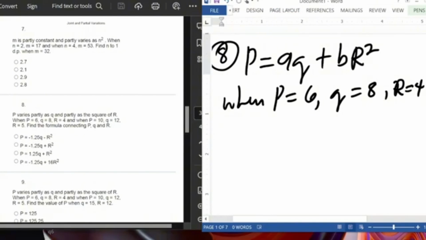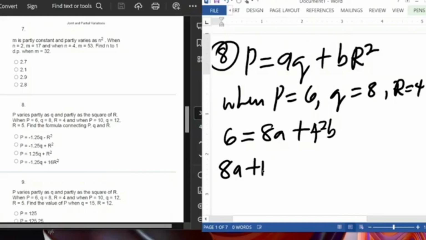So that's going to be 6 equals Q, which is 8, that will be 8A, plus B, R squared, that is 4 squared B. So we can have it as 8A plus 16B equals 6. So this will be our first equation here.